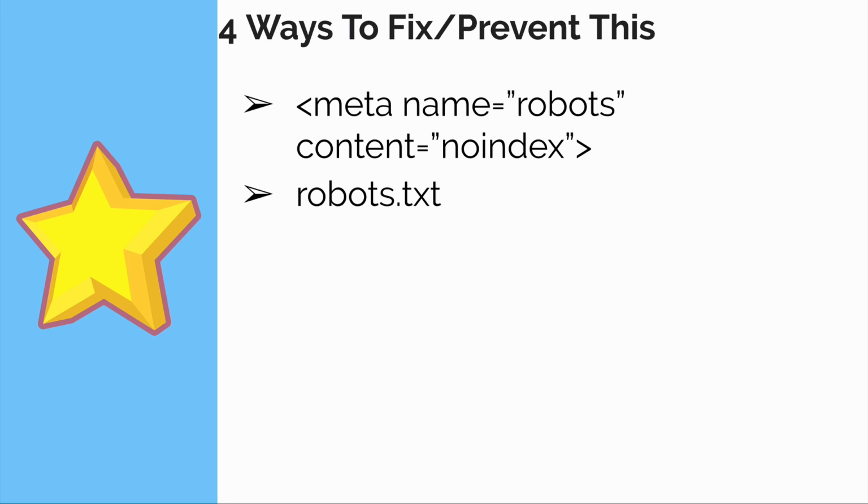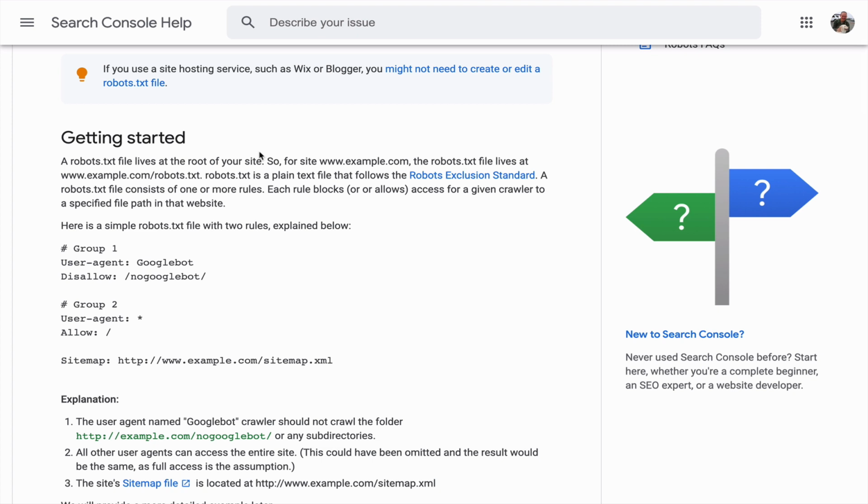If you don't have this file, that's okay, but it's going to crawl everything. So if there's some part of your website, maybe it's outdated, or maybe you don't want it to crawl, or for whatever reason, then you just say, don't crawl that part of your website. Let me show you how to do that. This is right from Google documentation, and they give you the syntax for your robots.txt.